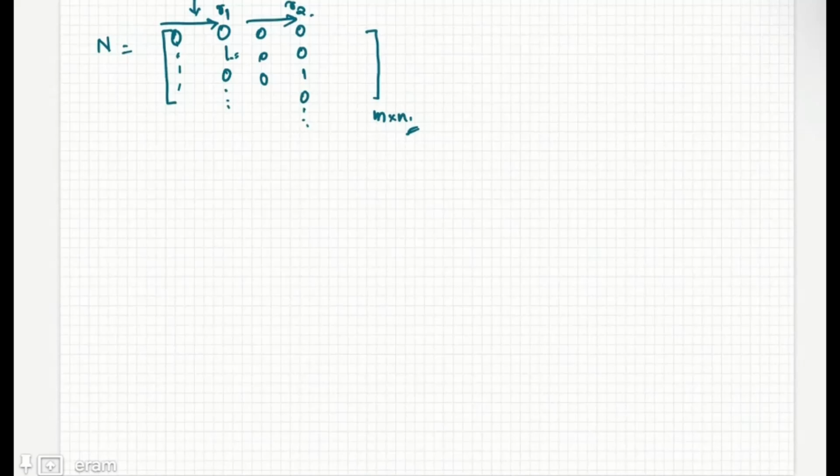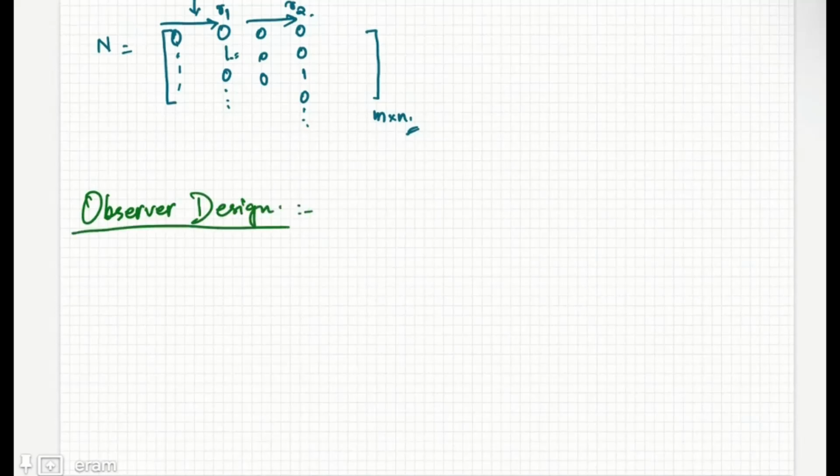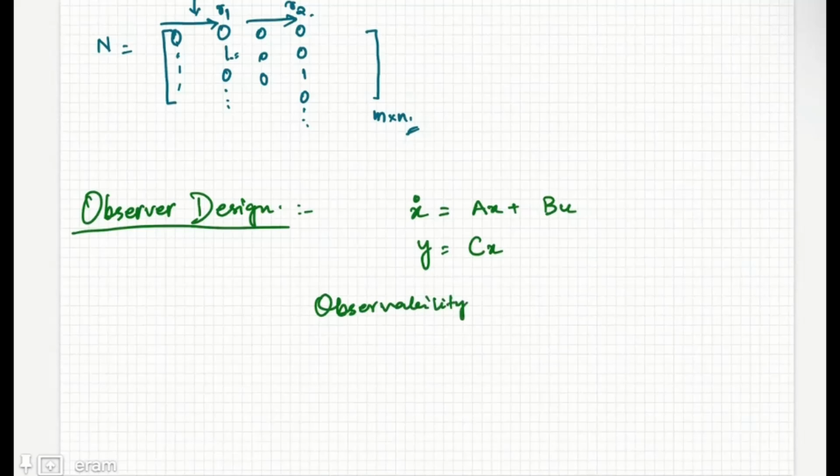Now let's move on to observer design. Similar to our state feedback controller, an observer is designed. So if we have a linear time invariant system and we have the measurement Cx as the output, first we have to check for observability by constructing our matrix C and so on.